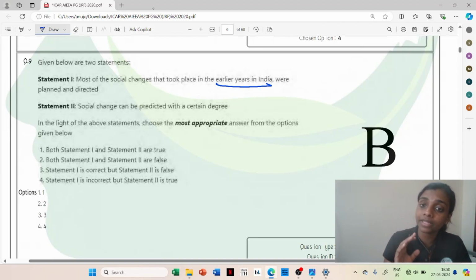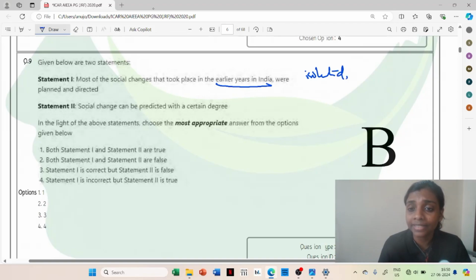When we analyze the pre-independence programs, we saw that the majority of the programs were implemented in an isolated way, and they didn't have much impact all over the country because they were not planned for the whole country. Similarly, the social changes that took place in India were also unplanned, and they didn't have much impact all over India because they were mostly isolated, and happened as a result of some sudden issues. So we can tell that the first statement is wrong.